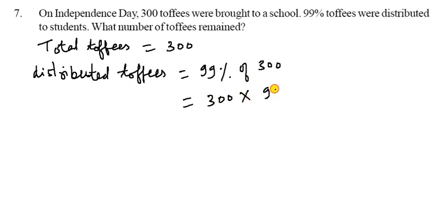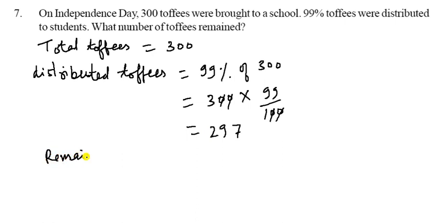So that one is 300 into 99 upon 100. So this 0 will be cancelled with this 0. Now multiply on this side. So 3 9s are 27. So 7, 2 carry, and 3 9s are 27, and 2, that is 297.